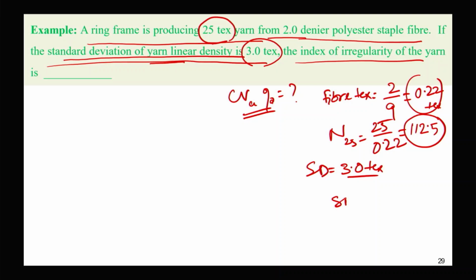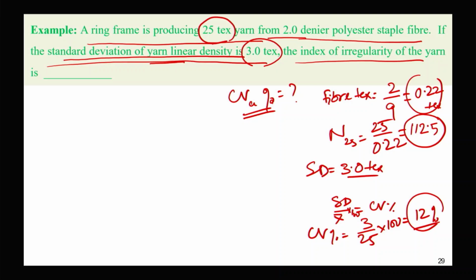So standard deviation by mean equals CV. The CV percent we are producing is 3 by 25 multiplied by 100, which becomes 12%. So the actual CV is 12%.